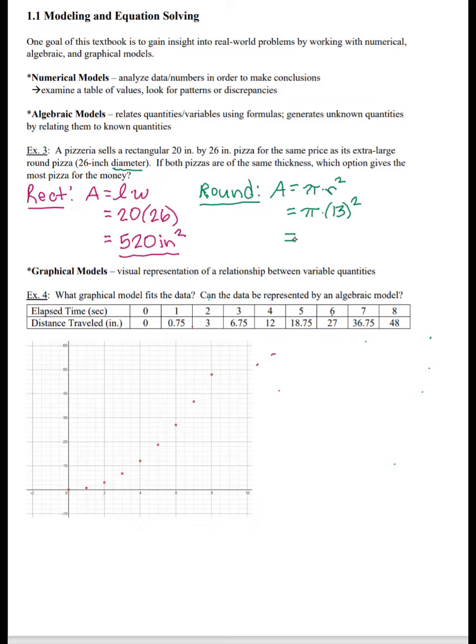So this one, we could probably just round to the nearest one to match the rectangular answer. So about 531 square inches, which tells us if we want more pizza, we should buy the round one.